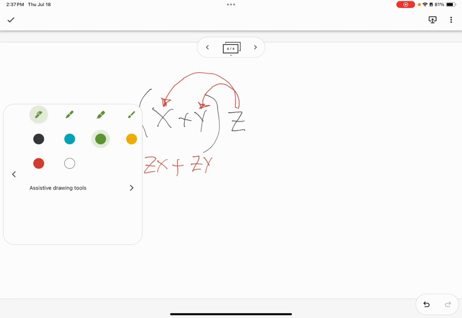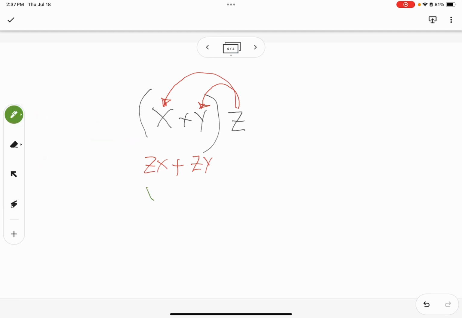So we're going to rewrite this as X times Z. And again, we don't have to put that multiplication sign there because it's invisible. And here, which comes first, Y or Z? Well, in the alphabet, it's Y. So we've got Y, Z. Let me put the plus. You're going to see why it's important to write it in standard form because it eliminates confusion. So you'll see a little bit later on.